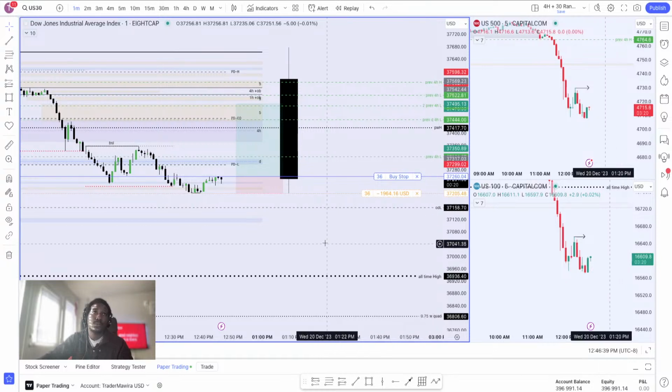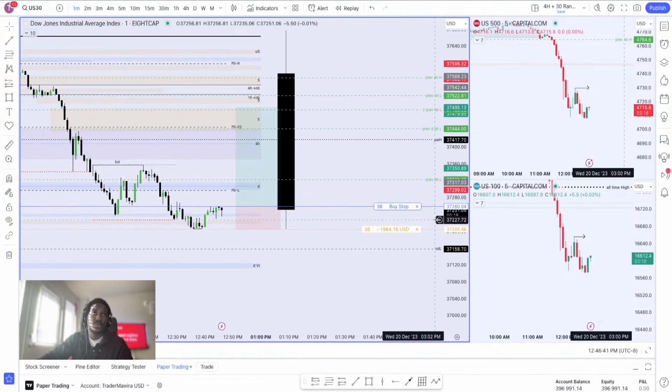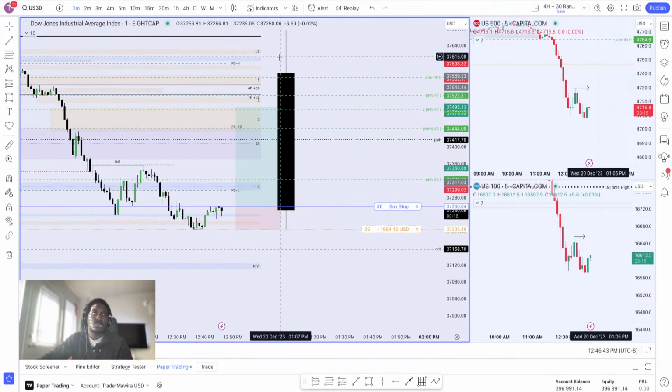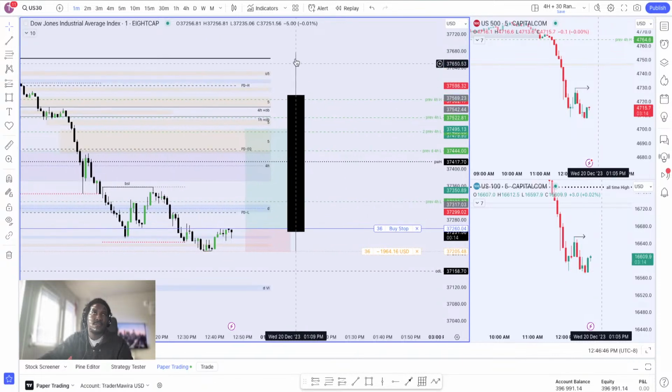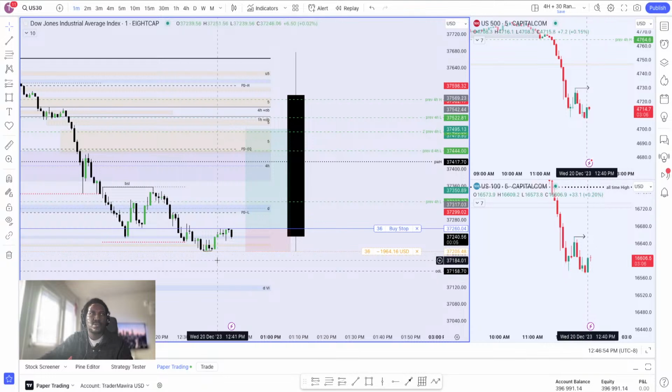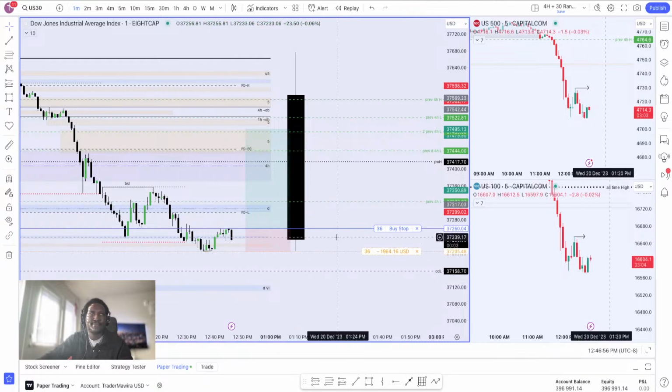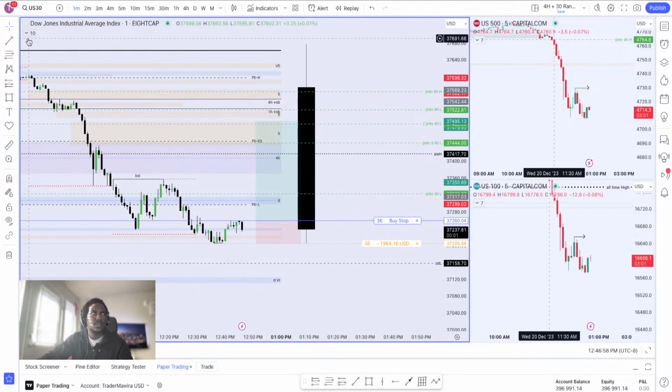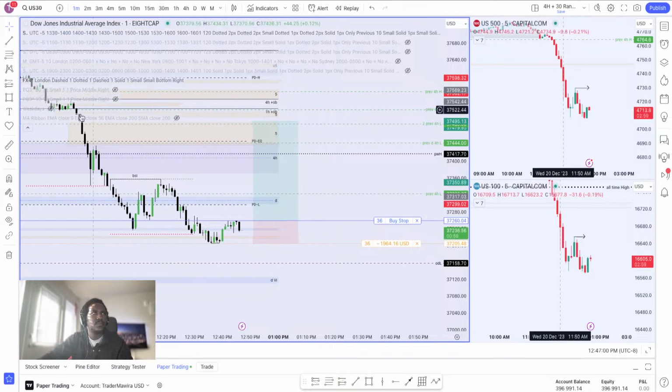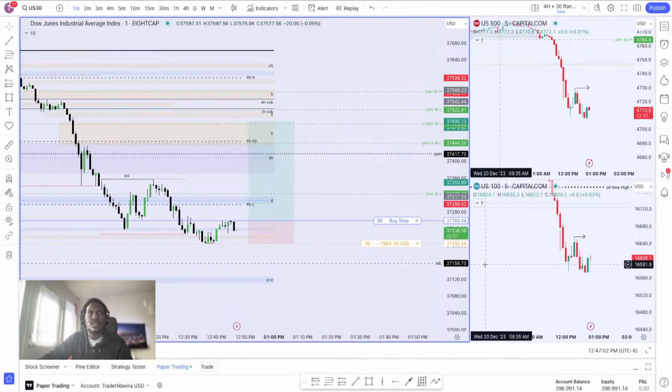Ooh, it is bearish. Open, fake move, and then look at all that distribution to the downside. Beautiful. So could this be the low of the day? We don't know. We'll find out in a few.